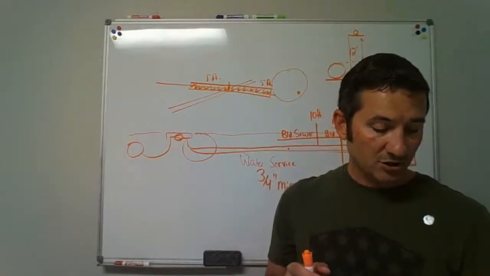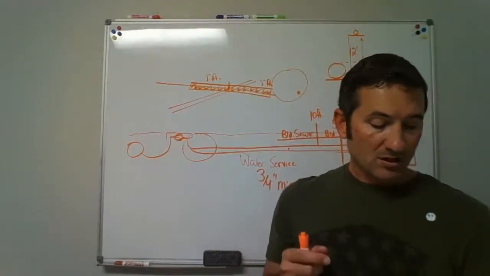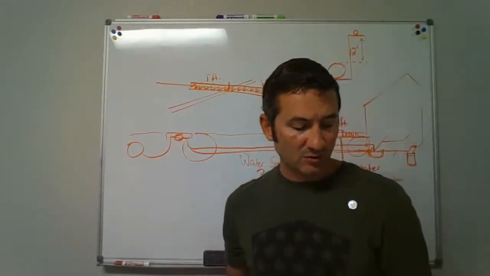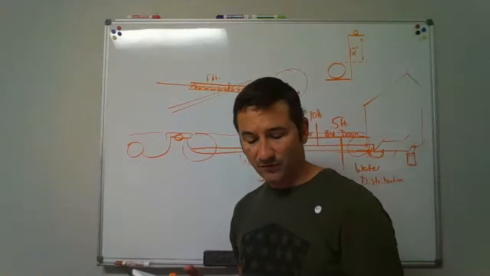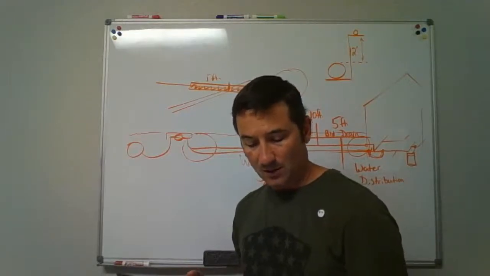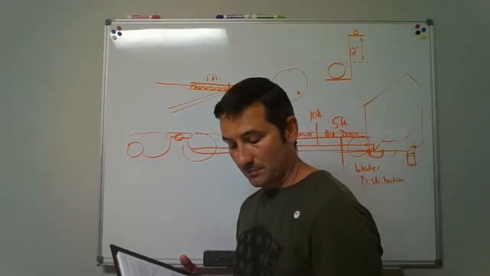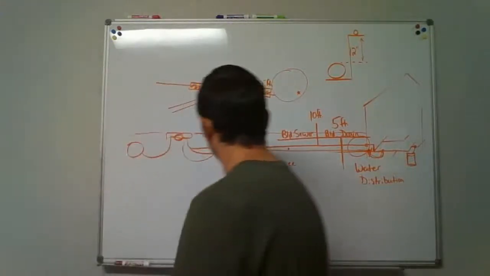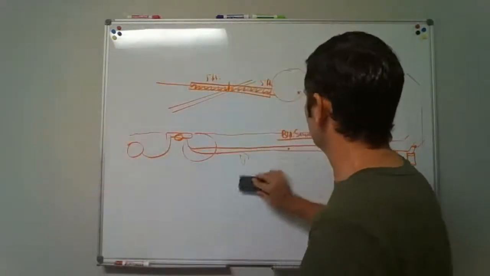Size of the fixture supply. The fixture supply shall not terminate more than 36 inches from the point of connection to a fixture. Okay. Let's take a look at that. What's that talking about?